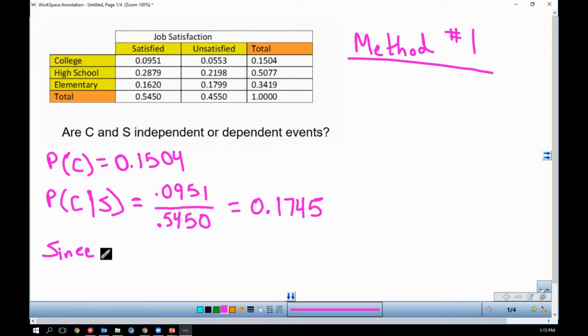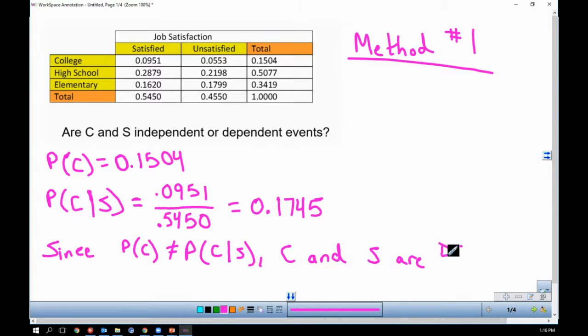Since the probability of college is not equal to the probability of college given satisfied, C and S are dependent events.